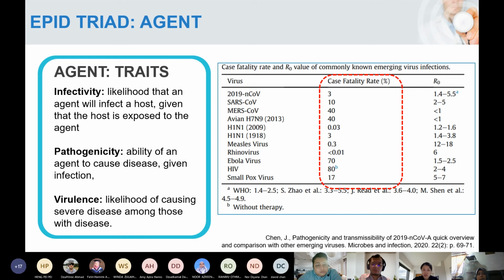Okay, and the virulence can be explained by case fatality. Okay, the pathogenicity, infectivity can be explained by R naught. Okay, how they infect.